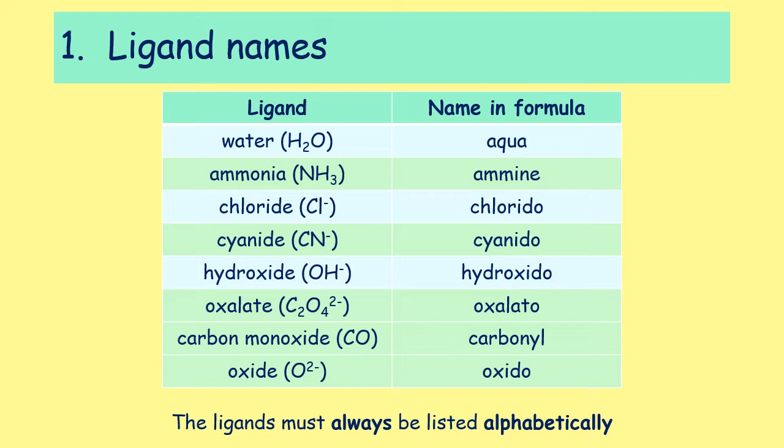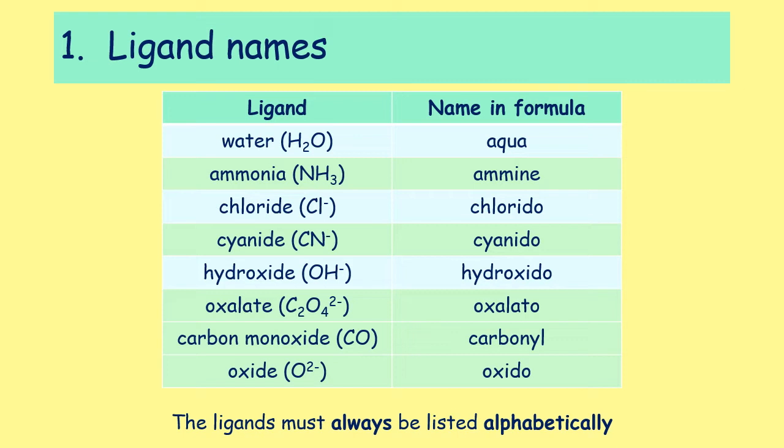So the neutral molecules, their names completely change, and you have to remember water is aqua, ammonia is amine, carbon monoxide is carbonyl, but the other ones that are negatively charged ligands, all you need to do is change the last letter from an E to an O.